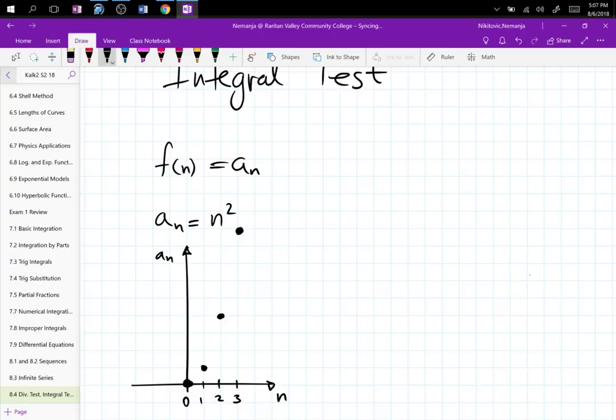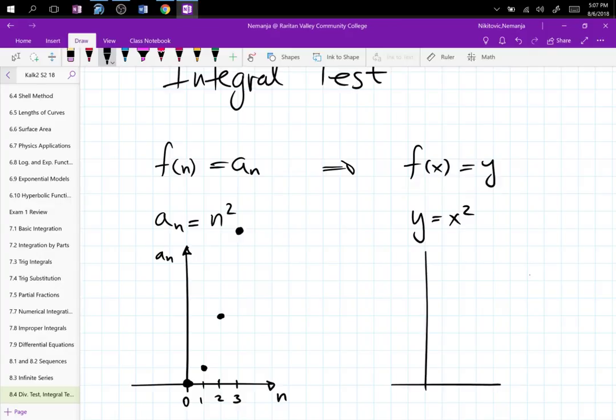Now we say this is going to be pushed into the f of x realm, which is equal to y, in which case our y will be x squared. And we know that that will produce a line, quadratic, right? 1, 2, 3, 4, 5, 6, 7, 8, 9.